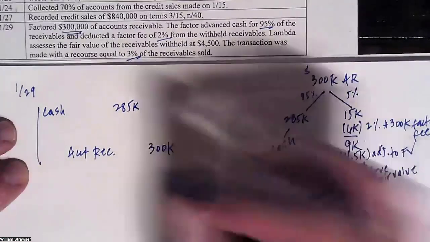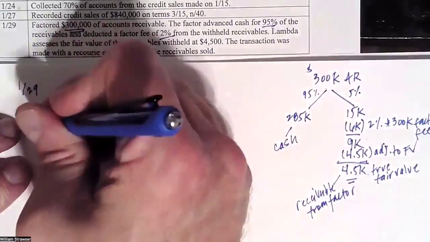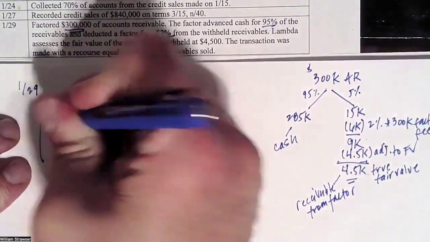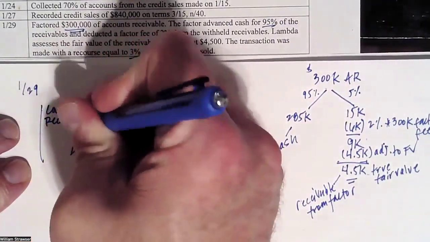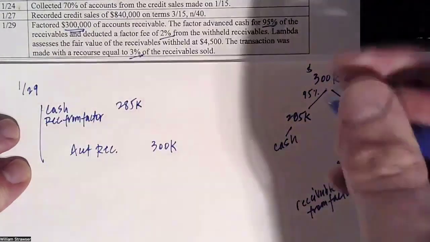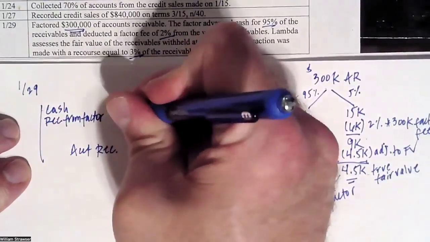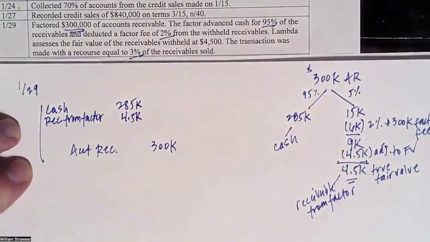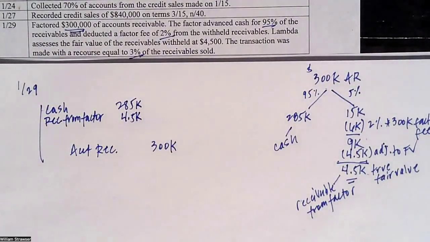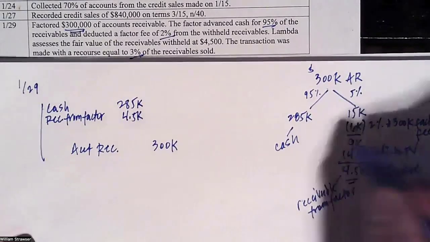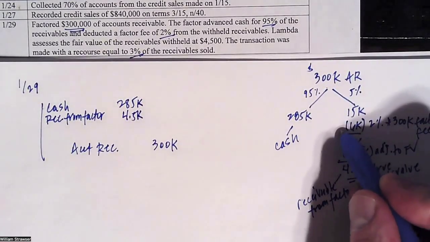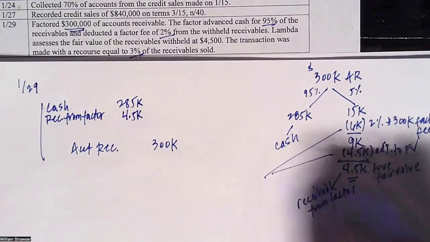The receivable from factor gets recorded here. And the only pieces that are missing right now are the 6,000 and the 4,500.